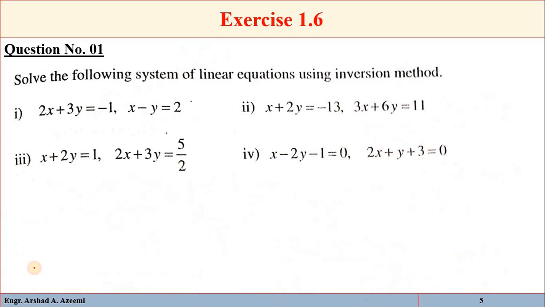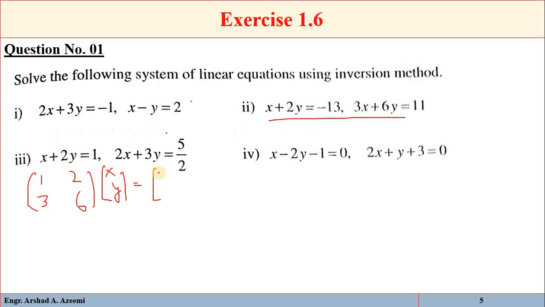Now for the second question, again first write the question in matrix form. Write the coefficients here: 1 and 2, then 3 and 6, multiplied by the variables x and y, is equal to the constants, which are -13 and 11.